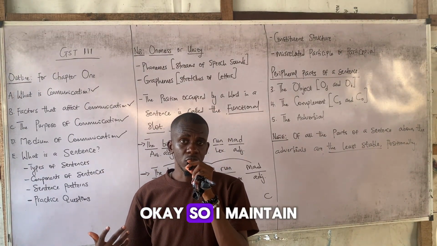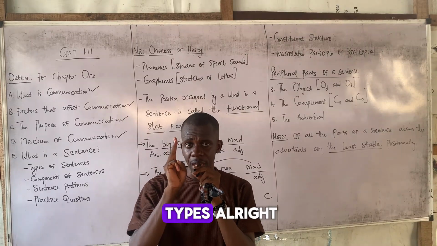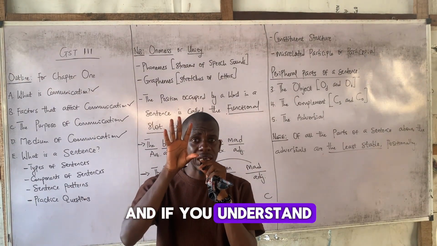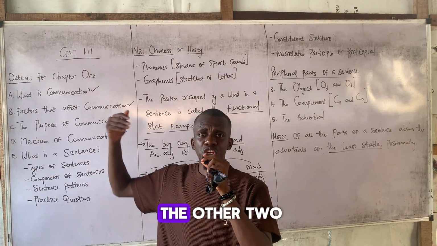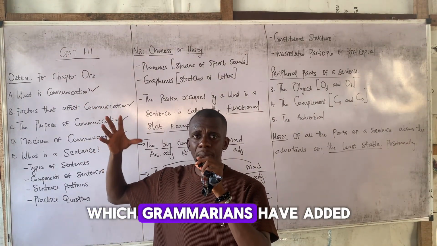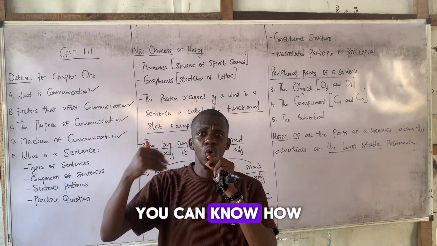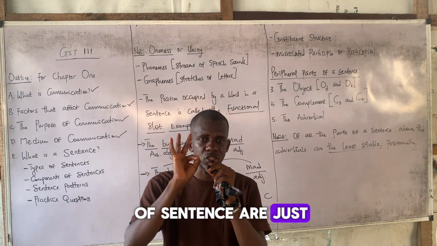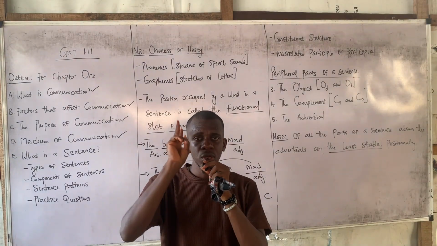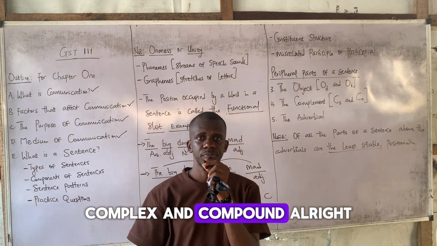So I maintain that there are three types. If you understand these three types, you can know how the other two, which grammarians have added, come about. So the basic types of sentence are just three: simple, complex, and compound.